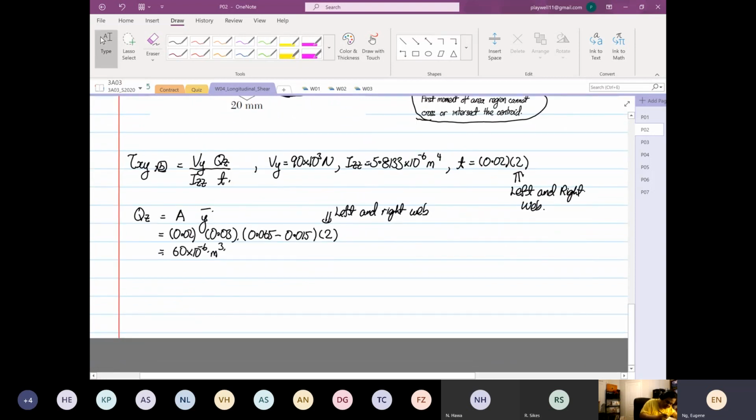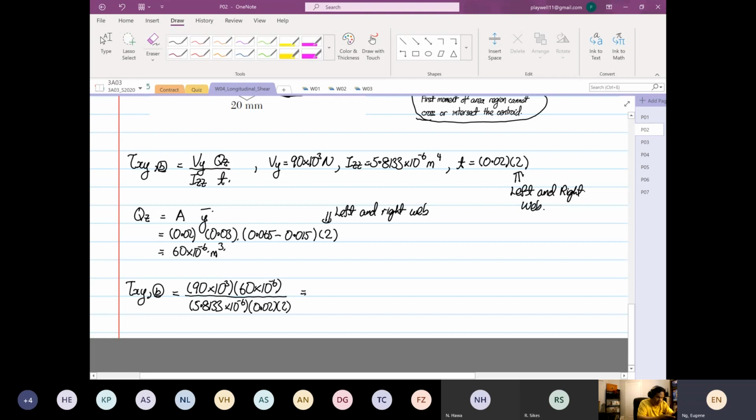Okay, so from here, your shear xy at point B will be, so the Vy is again 90 times 10 to the power 3, times 60 times 10 to the power minus 6, divided by your IZZ, 5.8133 times 10 to the power minus 6, and then the thickness will be 0.02 and then twice again because of left and right.